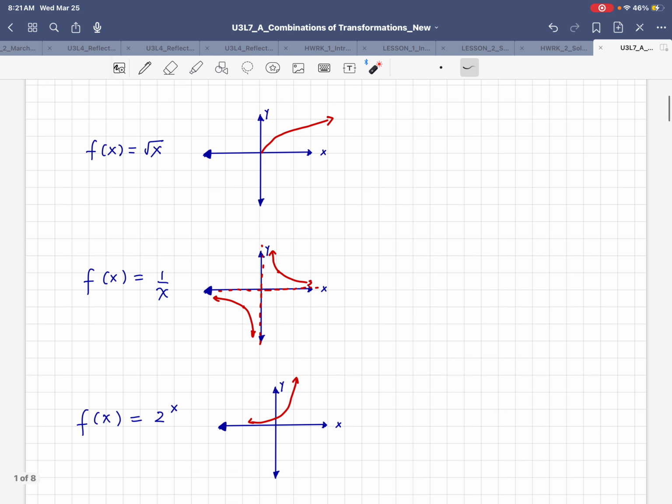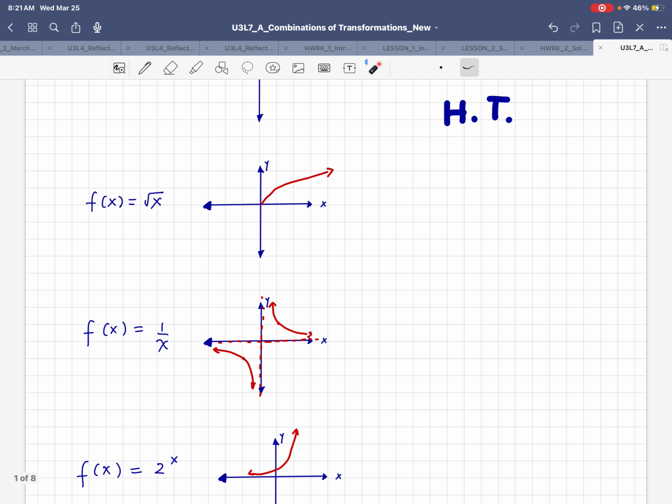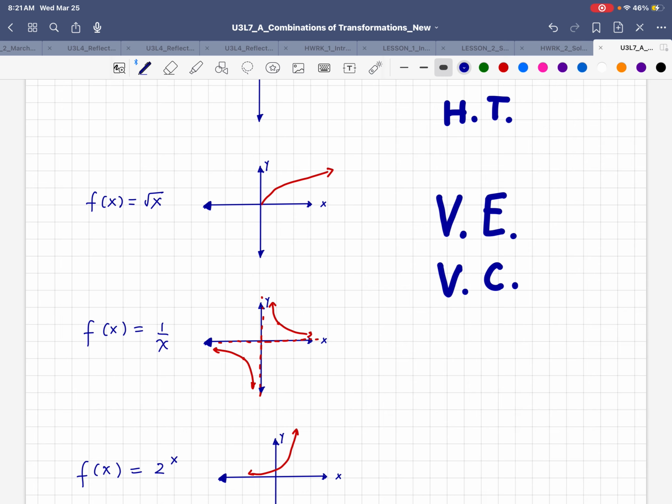Lastly, we looked at stretches of functions, and that was our last lesson. The stretches can be applied in the vertical direction, where we can expand the graph of a function, so make it taller, vertical expansion, or compress it by making it shorter.